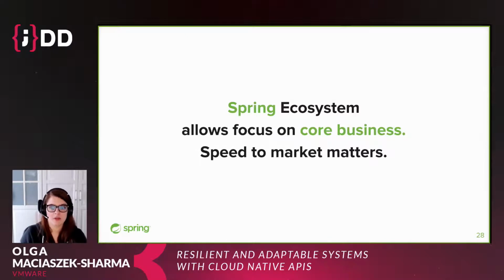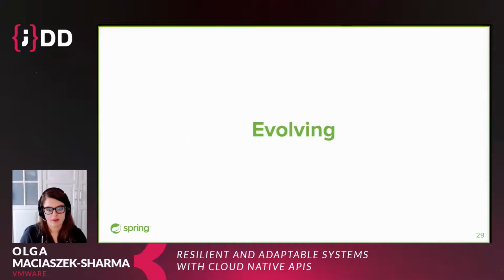And then we have the Spring ecosystem that will allow you to focus on your core business and take over a lot of the work that is repeated and would have to be re-implemented for different applications to make them run seamlessly in a cloud-native environment.